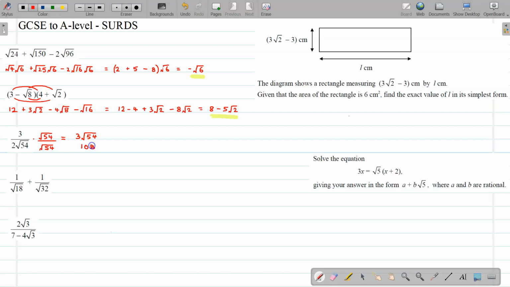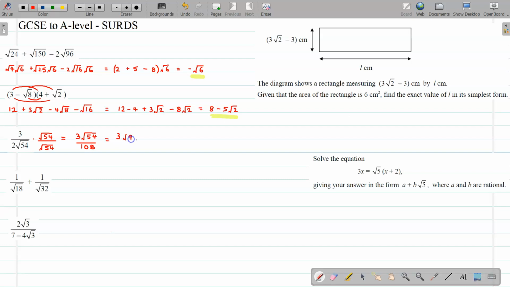So I no longer have a surd on the denominator, which is what I wanted. Going across to the next step, I'm going to recognize that the 54 is actually the product of a square number, 9, times 6. So I can write this as 3 lots of root 9.